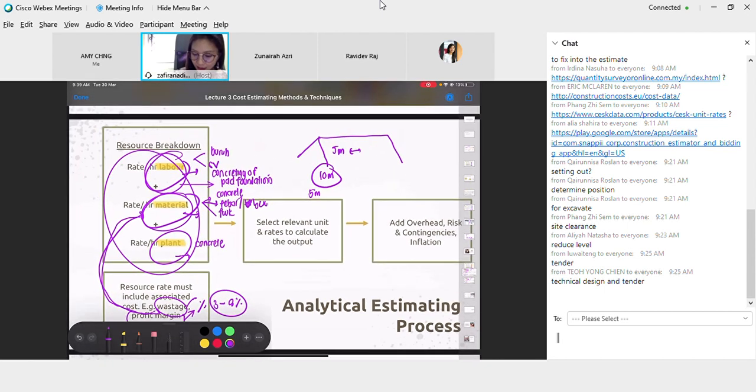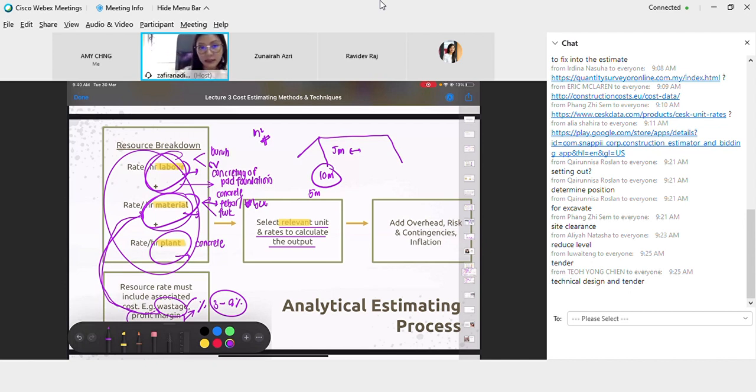Okay, and then you kena select relevant units and rates to calculate the output. Kenapa ada the word relevant ni is because it's very flexible because it's detailed. Kalau you buat single rate dan approximate quant, kita pakai meter square. Approximate quant dia tak boleh pakai unit lain, dia memang kena pakai meter square.